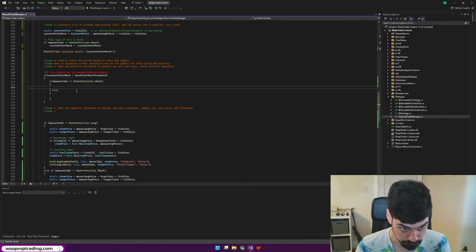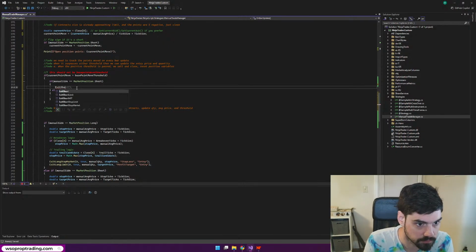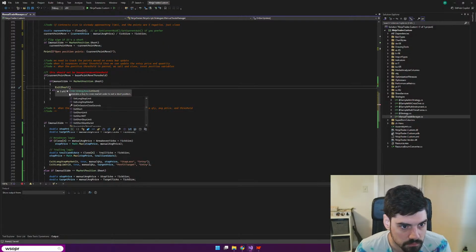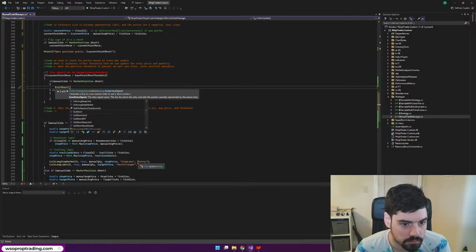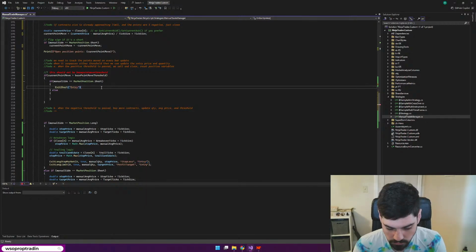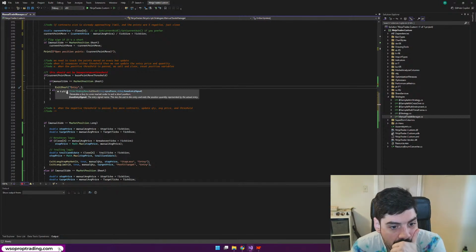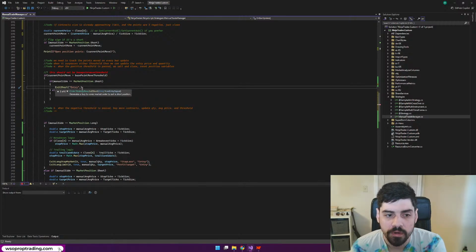Manual side is short. I'm wondering if we need to keep the name there.